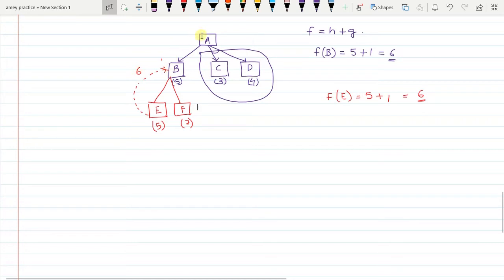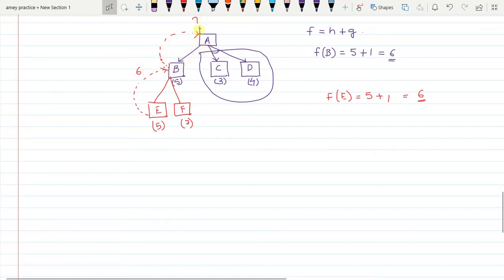Now, what value will be backed up at A? What will be the backup value of A? What value A will get as a backup value? It will be the F value of B, that is 6. And to reach A, you have to traverse along this 1 unit cost path, right?